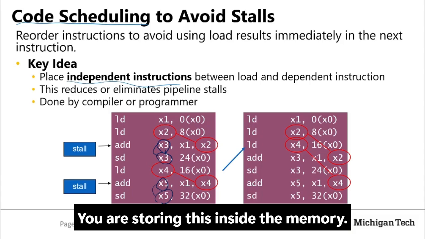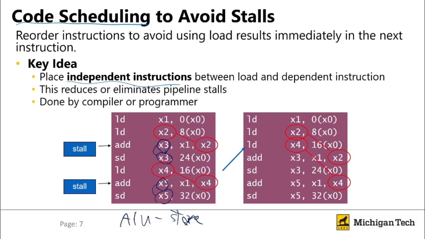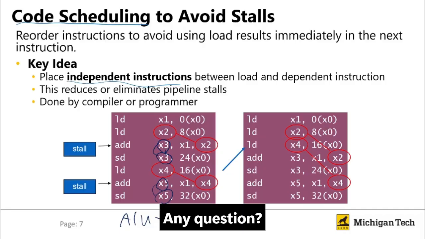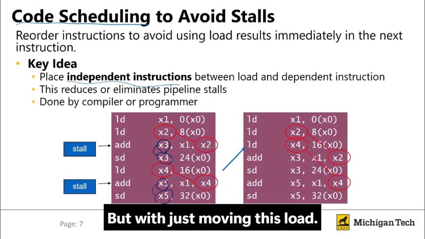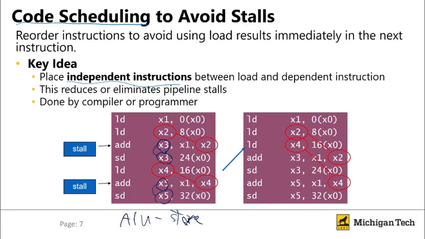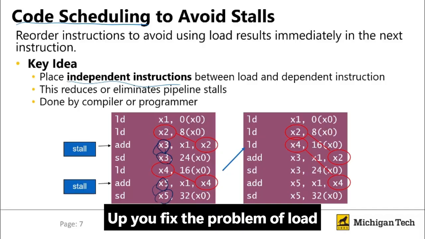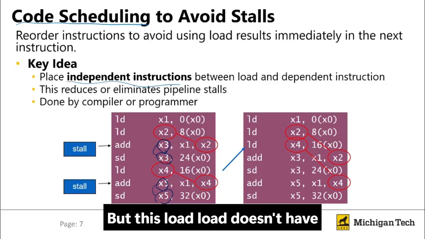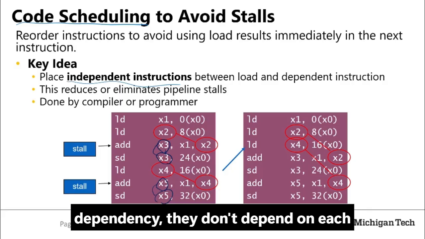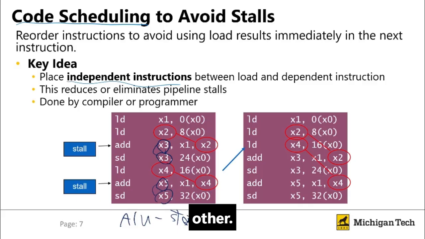You are storing this inside the memory. Any question? But with just moving this load up, you fix the problem of load and store. Even though you have load, this load doesn't have dependency. They don't depend on each other.